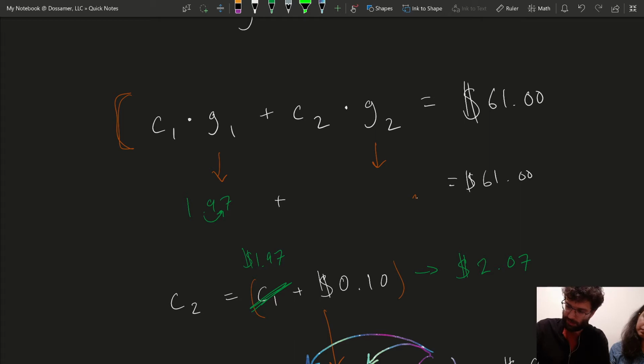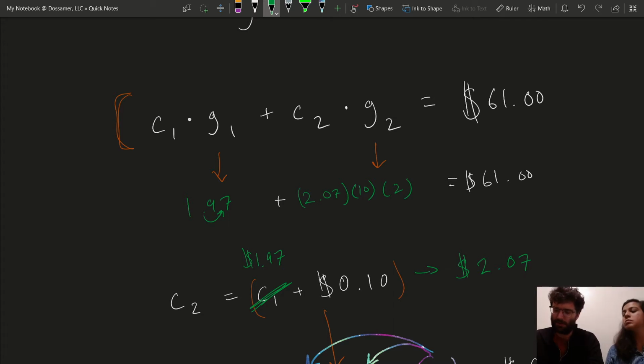Yeah, so I'm just gonna rewrite it this way. Since we're multiplying by 10, we're getting a bigger number, which means we move the decimal point to the right. So 19.7, and then 2.07 times 20 is a little bit more complicated.